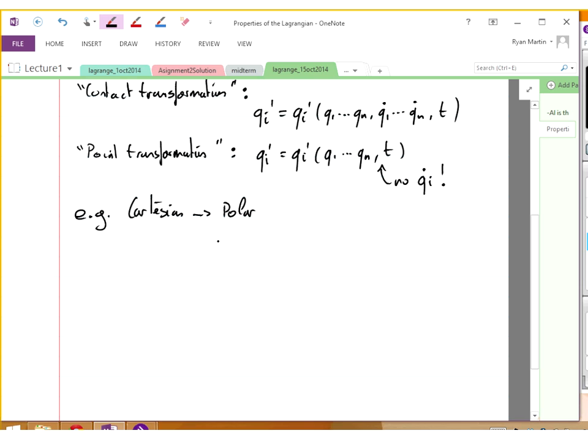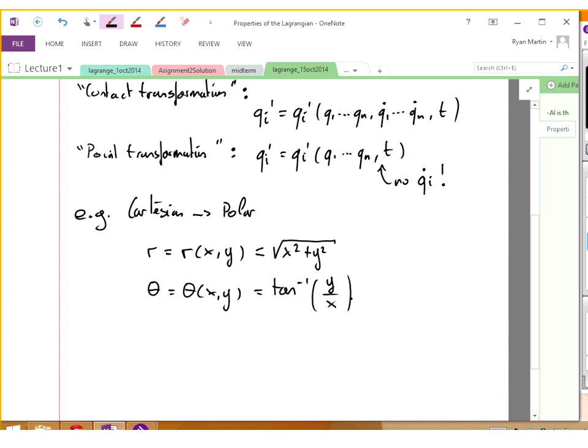So in Cartesian to polar coordinates, the radius r should be a function of the generalized coordinates x and y. In Cartesian coordinates, that function is actually given by the square root of x squared plus y squared, right? And similarly, theta, which is a function of x and y, is the inverse tan of y over x.